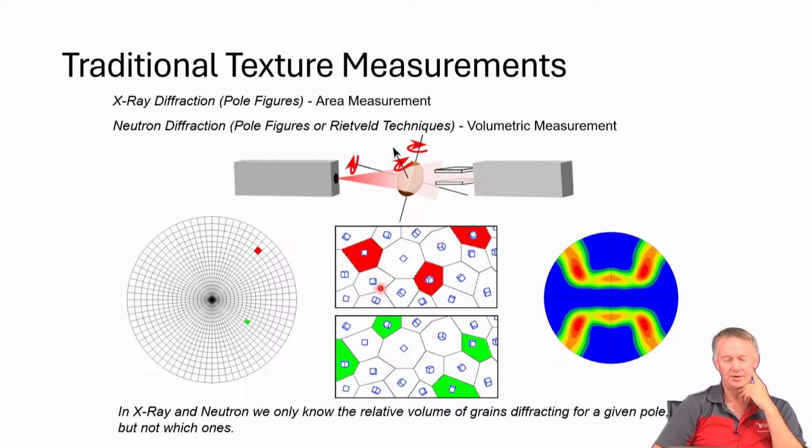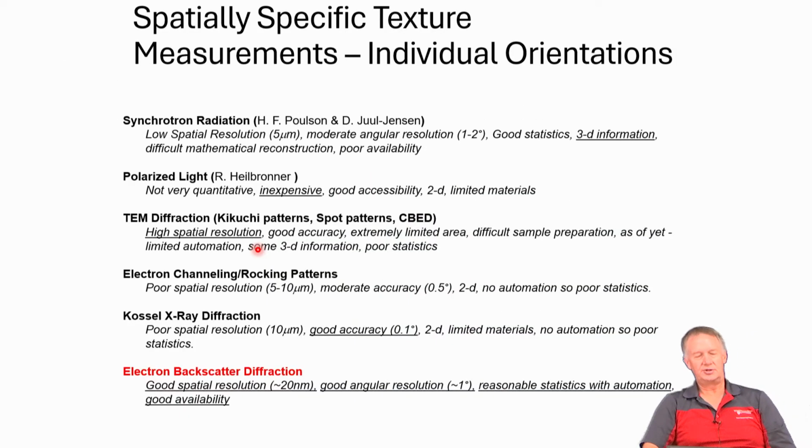Like if you're mapping out an orientation map, you just know you get a certain intensity there. Okay, so just kind of looking at what happens. Synchrotron radiation, you're looking through a volume of sample, which is spatially specific. I'm saying here it's low spatial resolution. They're probably down to 1 micron instead of 5 microns.